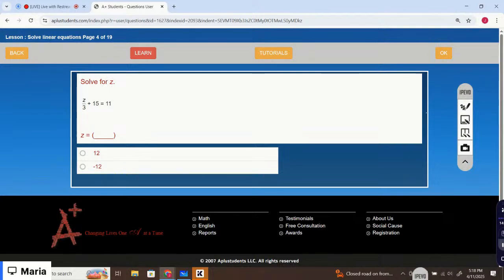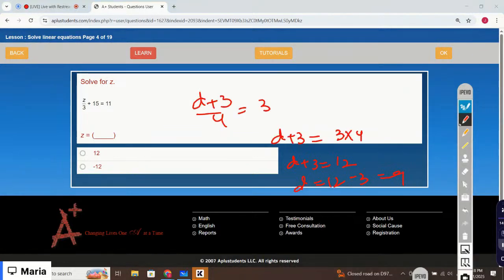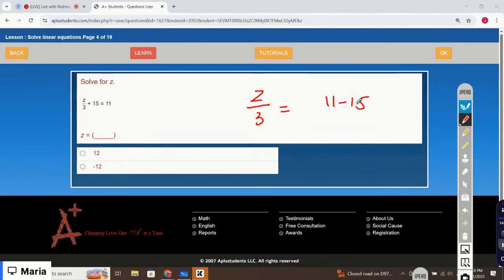Solve for Z. Z over 3 plus 15 equals 11. That is Z over 3 equals 11 minus 15. Z over 3 equals negative 4.